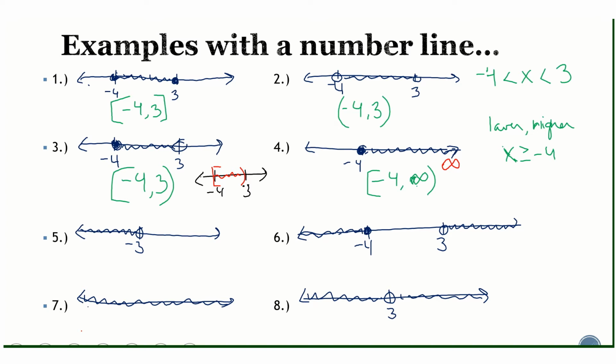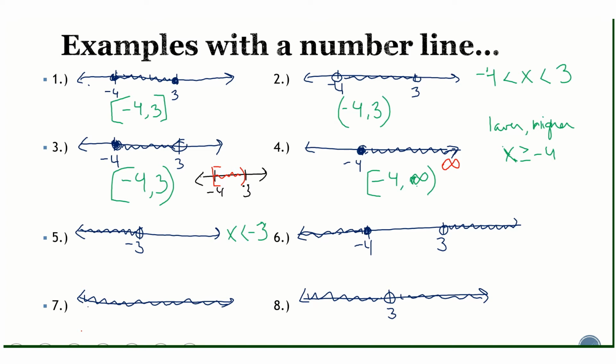Now the next one, number 5, that's similar. This is actually the kind that students will tend to get wrong, especially if they're using interval notation for the range, because of the way we might say this out loud. For number 5, if you were doing your inequality notation, you would say X is less than -3.